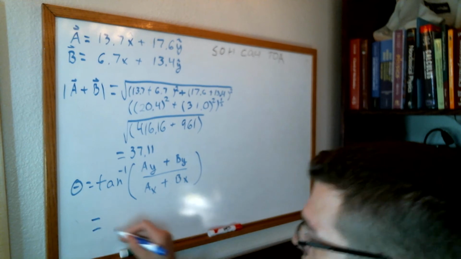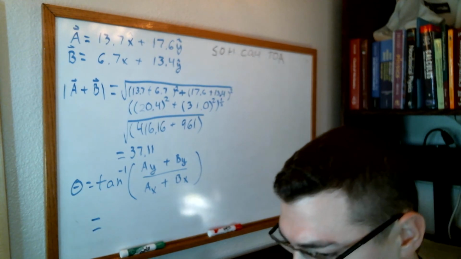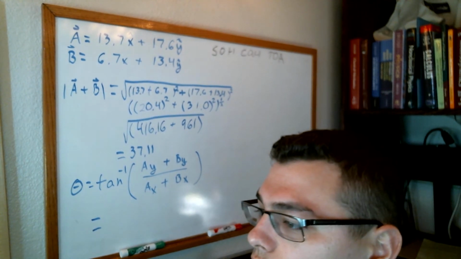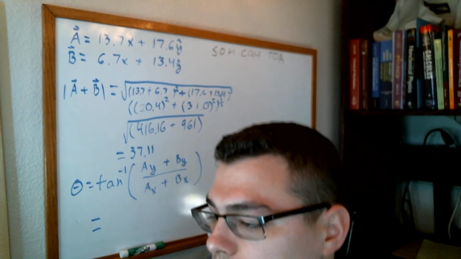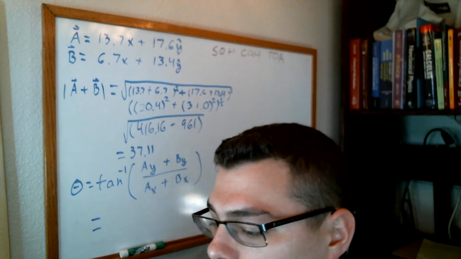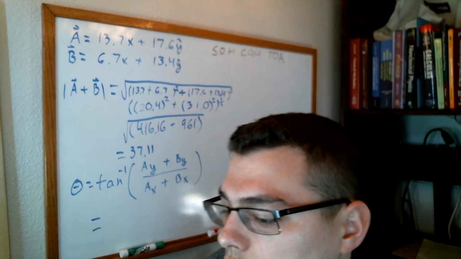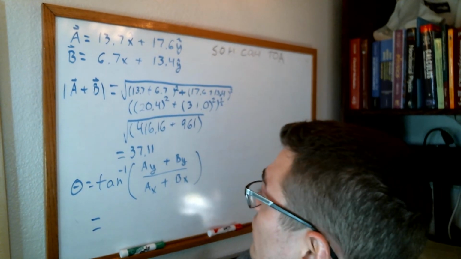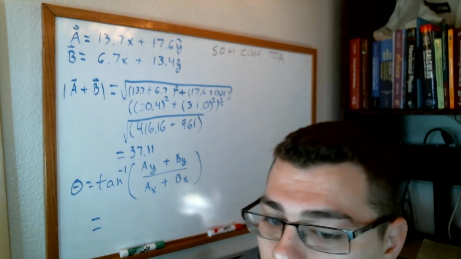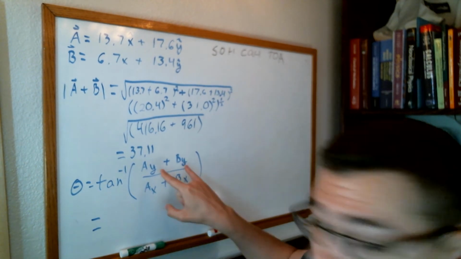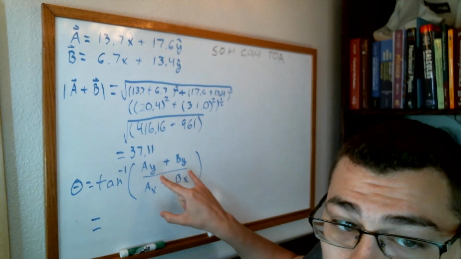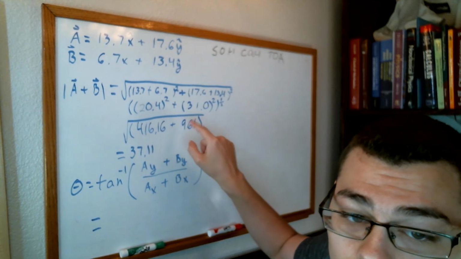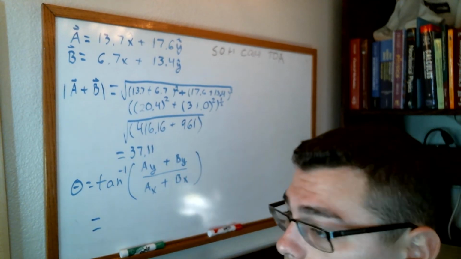And then we can go ahead and put this into Wolfram or your calculator, arctan. We've already done the operation of adding these two vectors together, right here. So these numbers, 20.4 and 31, are going to be our numbers.